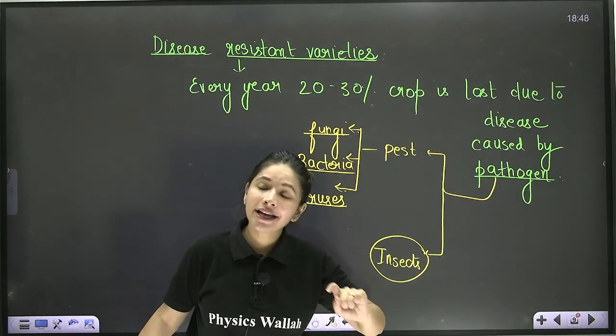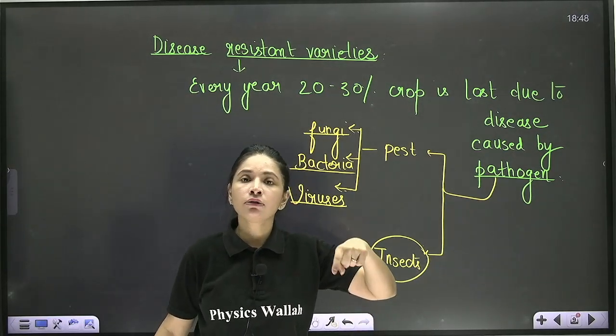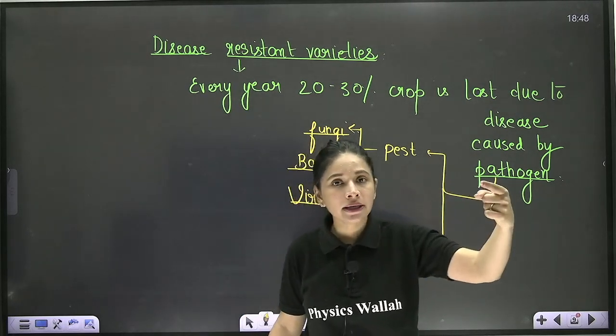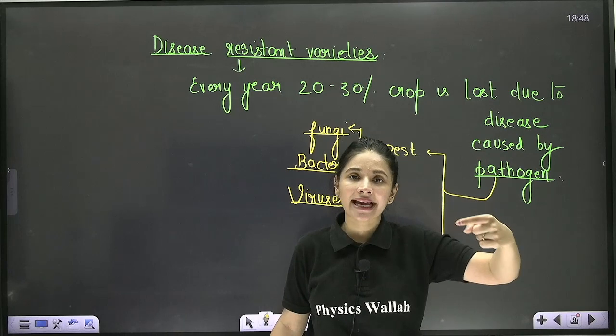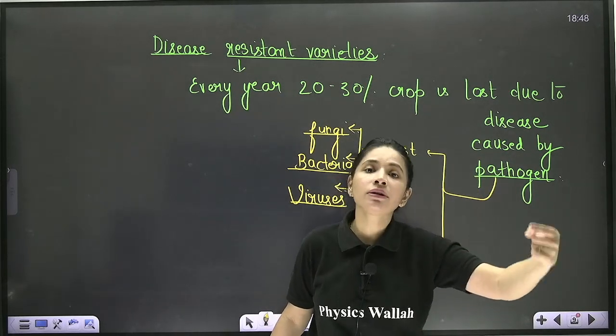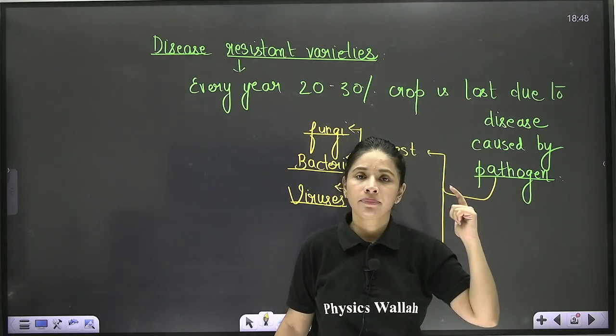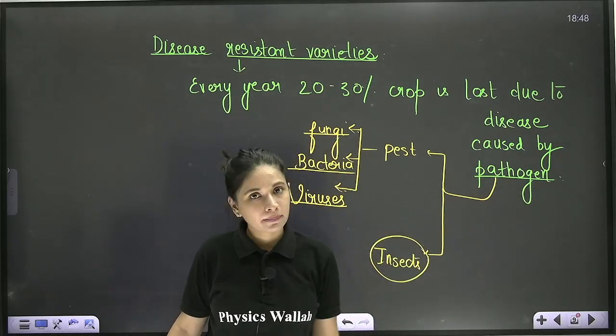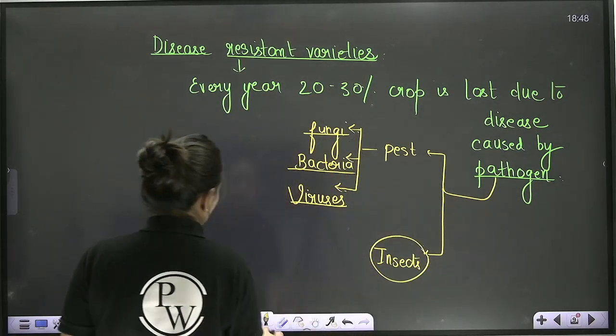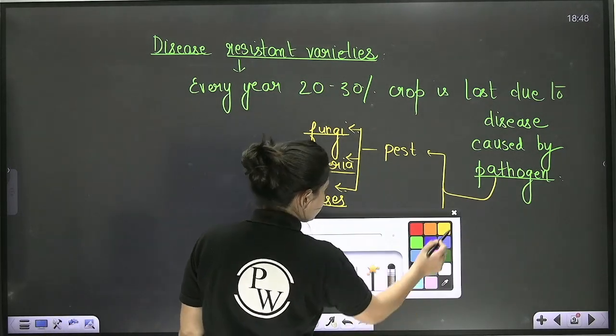But in mutational plant breeding, not only can you propagate the good quality, but you can create a new variety itself having your own desired quality. So this is the modern technique. Correct? Got my point?